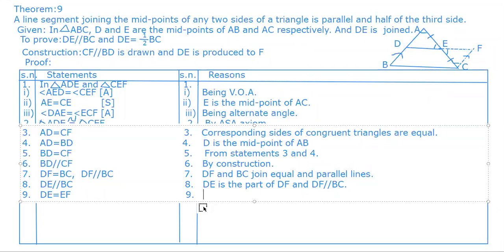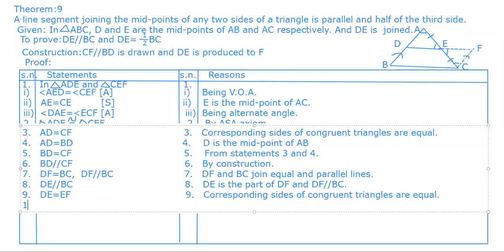So corresponding sides of congruent triangles are equal. If DE and EF are equal, then DE is half of DF.